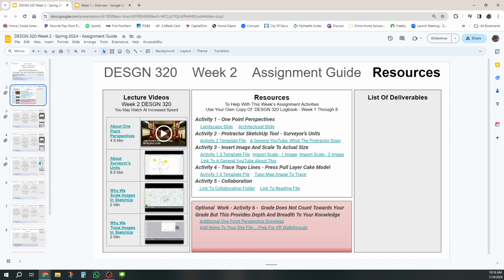Okay, these are not specifically skill-based. They're about the how and the why that we would do these. You really need this. Remember that the lecture portion of this class is online, and you're expected to have addressed that before you come to lab. So check these over and watch these before you come to lab.